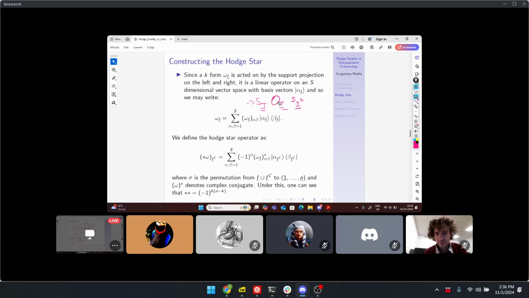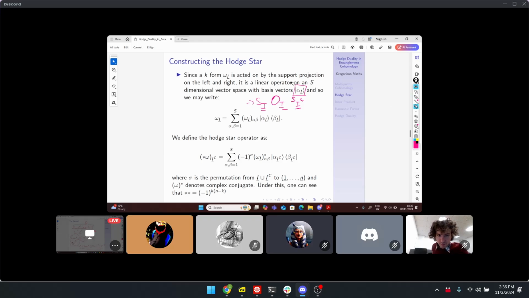So it's a linear operator on a vector space which has basis vectors I alpha. Remember, this ket notation is denoting elements of a vector space, so just vectors basically.